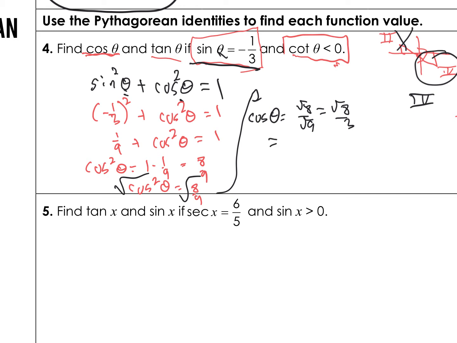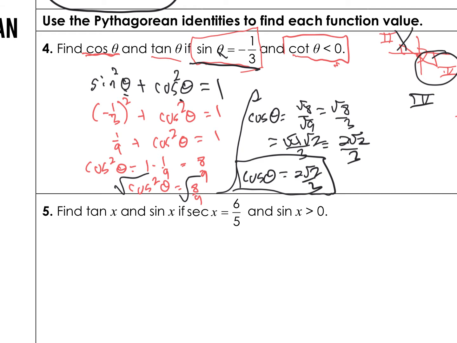Square root of 8 can be simplified into the square root of 4 times the square root of 2, still divided by the 3. That's 2 square roots of 2 divided by 3. So there's my cosine of theta. Cosine of theta is 2 square roots of 2 divided by 3. Hopefully that's one of the answers.